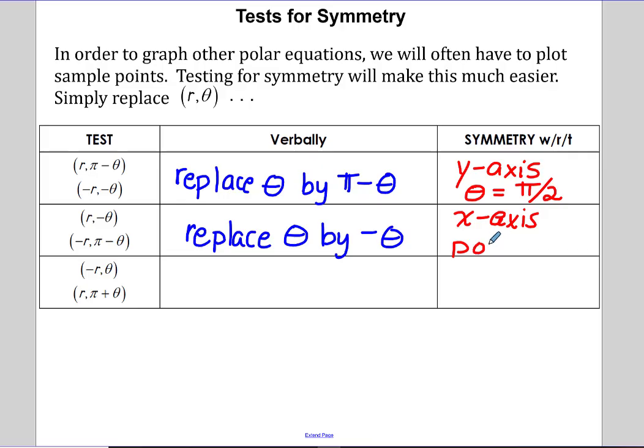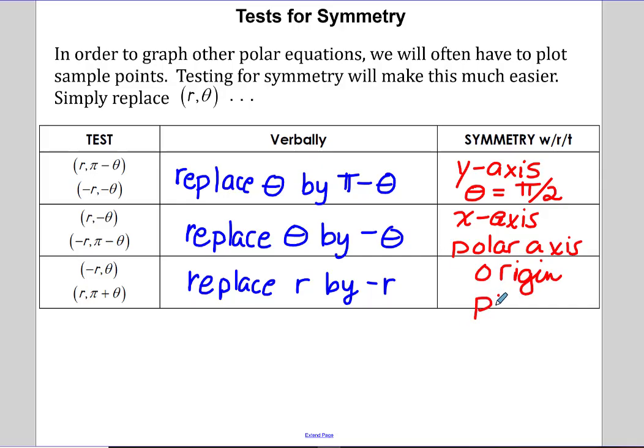And that's the same as saying we had polar axis symmetry. And then the last one, if you replace r by the opposite of r, you're going to find that you have origin symmetry, or you can also call that symmetry about the pole.